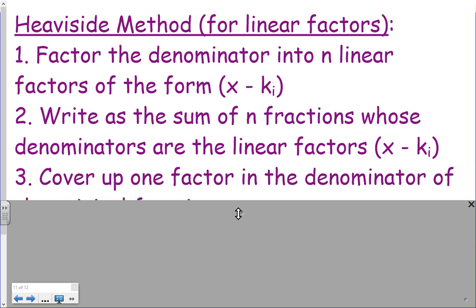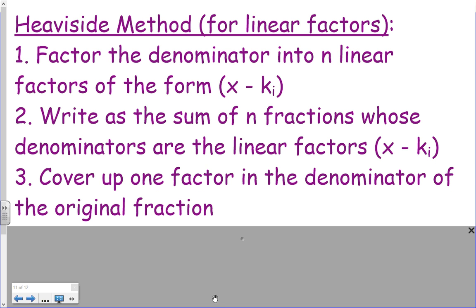But then the faster way to find those numerators, here's what you can do. You can cover up one factor in the denominator of your original fraction. So you'll cover up, for example, the x plus 4.